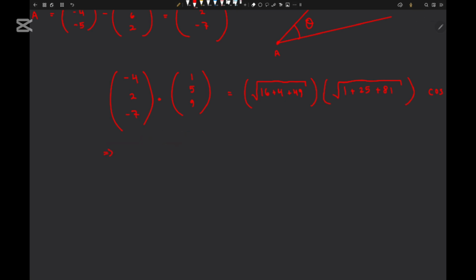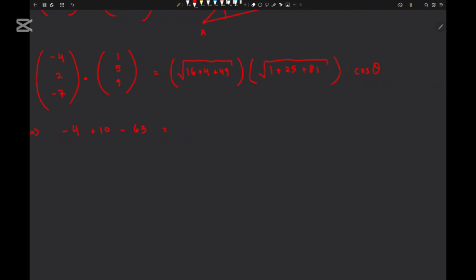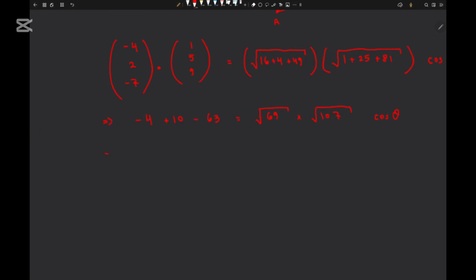The value will be minus 4 plus 10 minus 63. I just multiplied the corresponding values and added them all together, and this will be root over 69 times root over 26 plus 81, which equals root over 107 times cos theta.